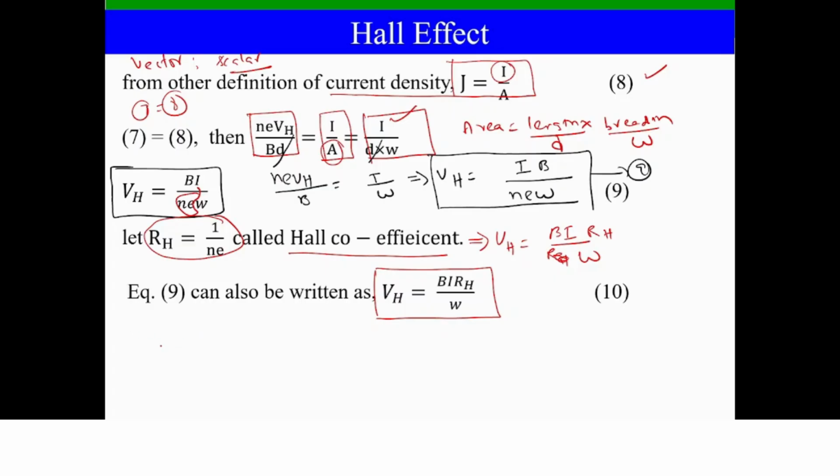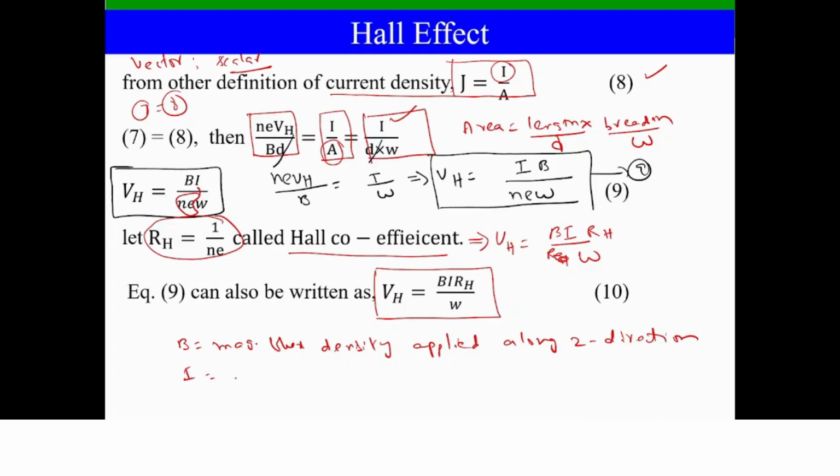In this equation number 10, what is the meaning of B? B is the magnetic flux density. This is applied along which direction, my dear students? Applied along the Z direction. Then what about I?